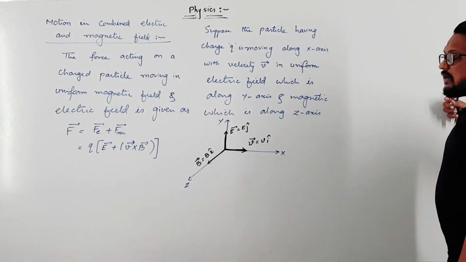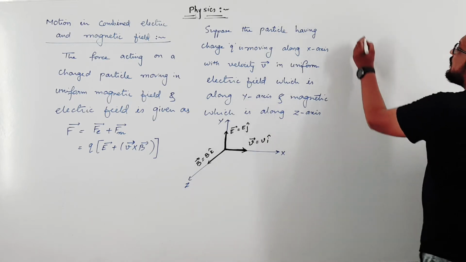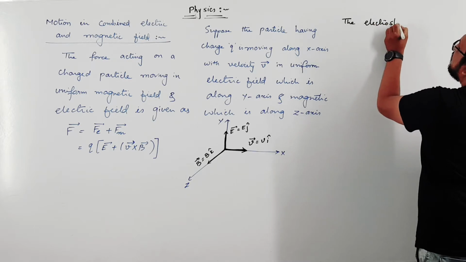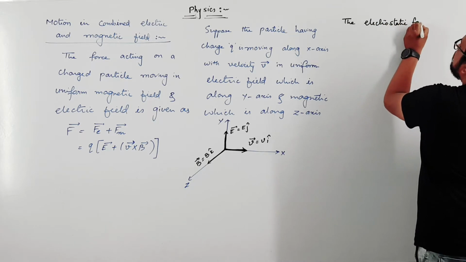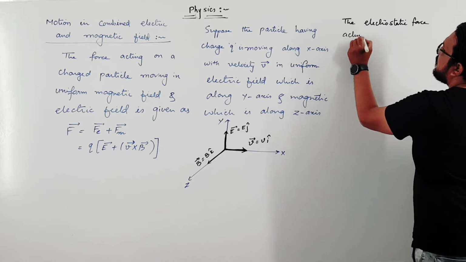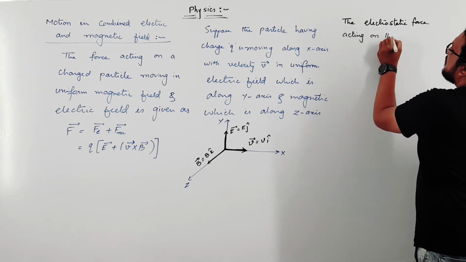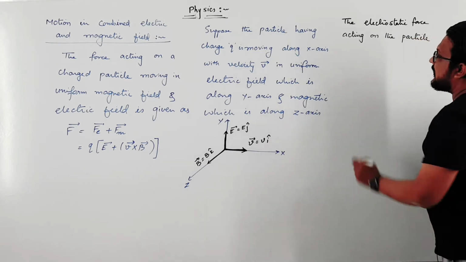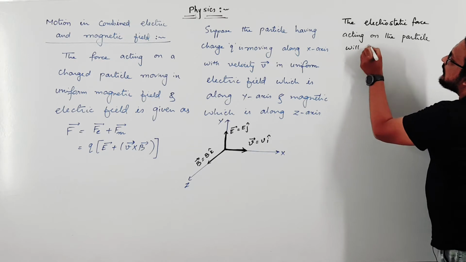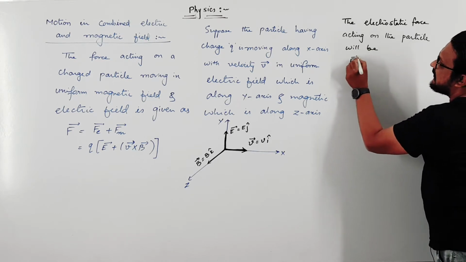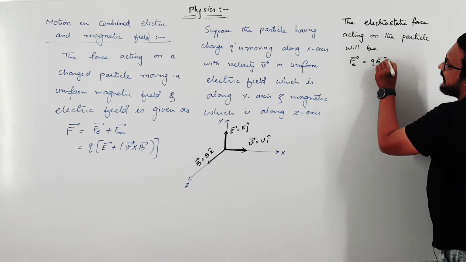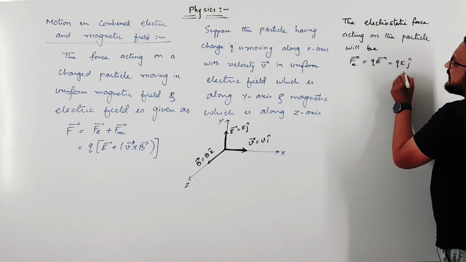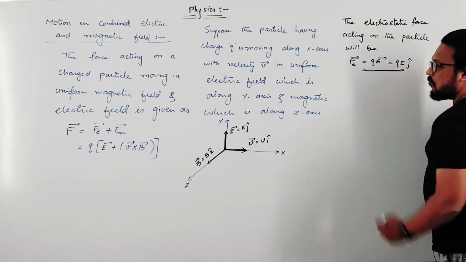Okay, so what are the forces acting on it? The electrostatic force, or the Coulombian force, acting on the particle will be, we know that Fe is Q vector E, or you can say QE j cap, which indicates that this electrical force will be along the y direction.